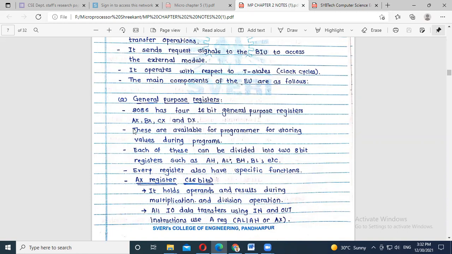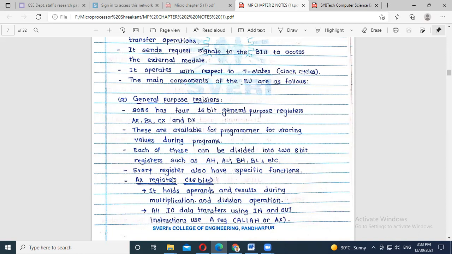AH plus AL, 8 plus 8 equals 16 bits, which is AX. That's why in general we use the AX register. These are available to the programmer for storing values during the program, and each of these registers is divided into two parts, such as AH, AL, BH, BL, CH, CL, DH, DL.